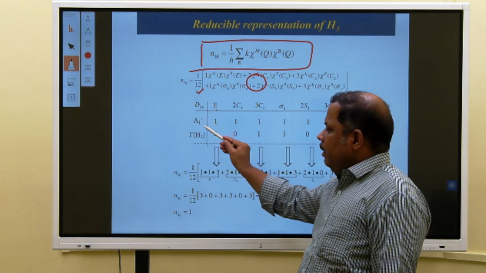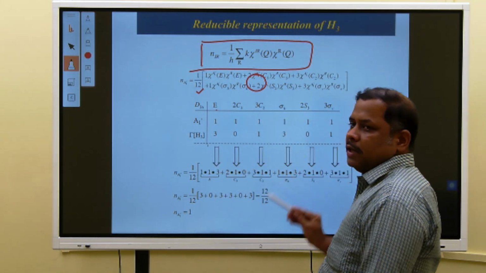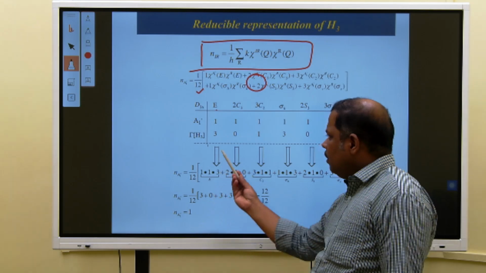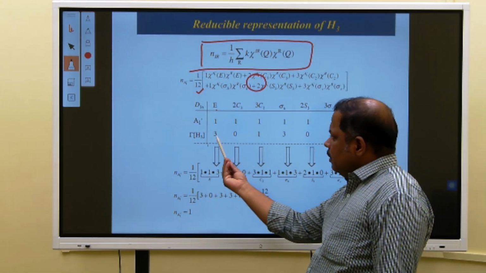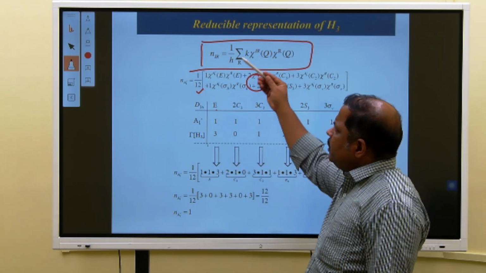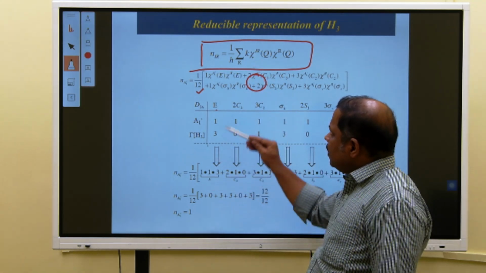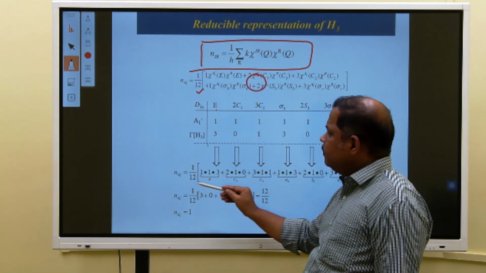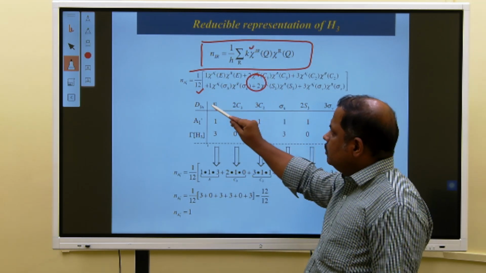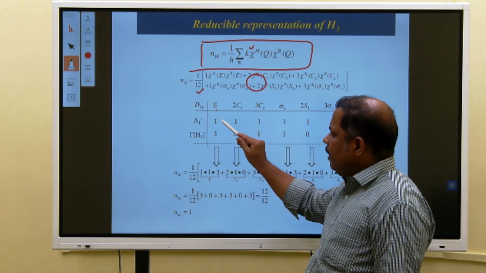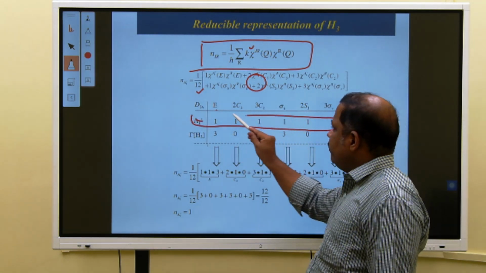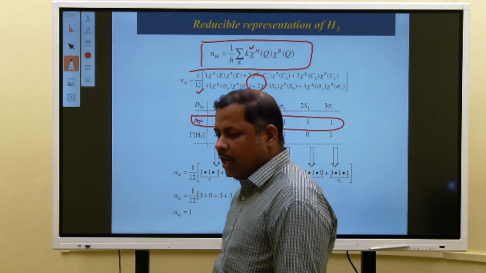This is the A1 prime. These are the characters, right? You have already solved it for the fragment orbital and come to the point that these 3 atoms are going to remain unchanged during this symmetry element. Let us put it in the formula. So what will we write? 1 upon h, then 1 upon 12, 1 k value, for E it is 1, then A1 prime, that is 1. This information has been taken directly from the character table, which I have not shown over here.